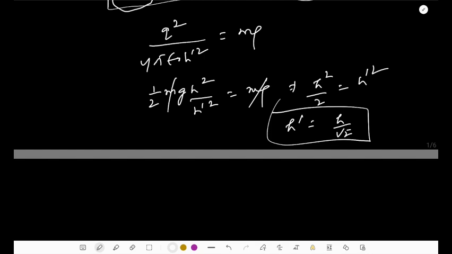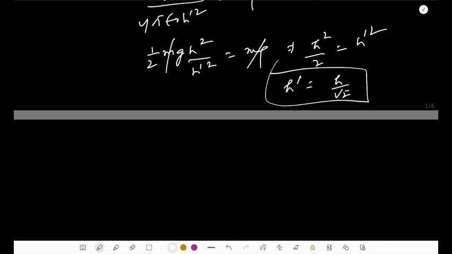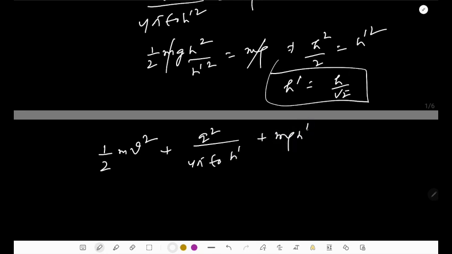Then we can write the energy equation to find the speed of the ball at the moment when it is maximum. Half mv square, where v is the required speed, plus the electrostatic potential energy, q square by 4 pi epsilon naught h dash, plus the gravitational potential energy mg h dash, will be equal to the initial energy, mgh plus q square by 4 pi epsilon naught h.